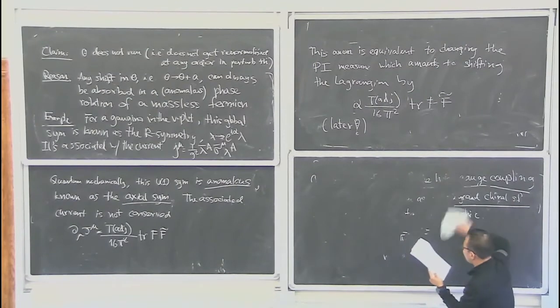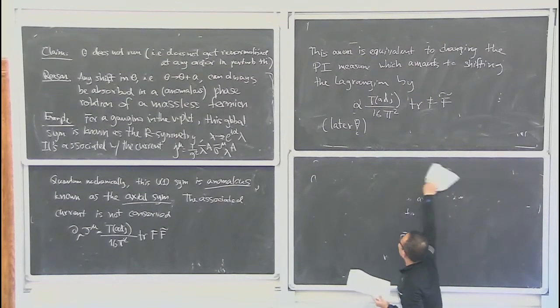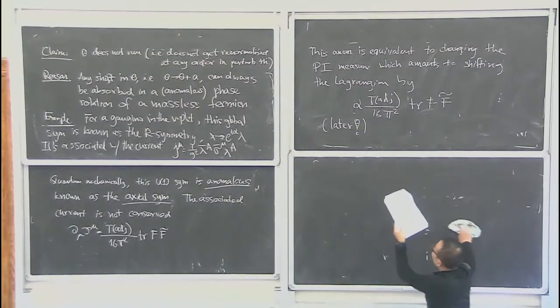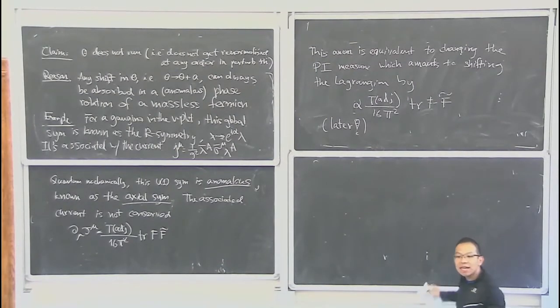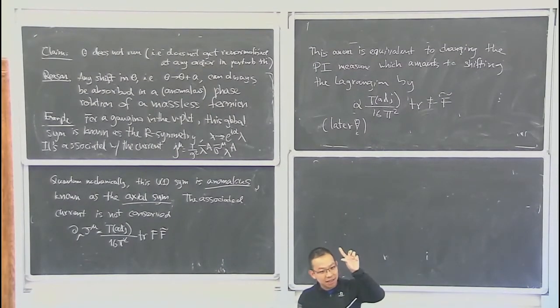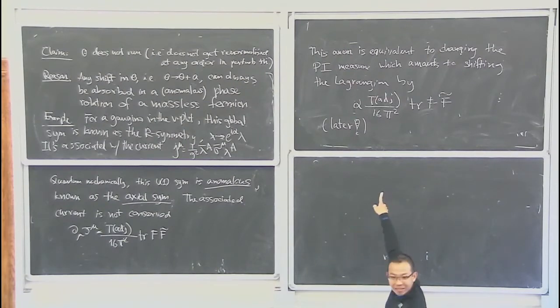So, if you stare at your Lagrangian, you shift the Lagrangian by this amount. In the Lagrangian, you remember there is a term which is called theta over 32 pi squared trace F F tilde. There you go. You can absorb this in the shift of theta.